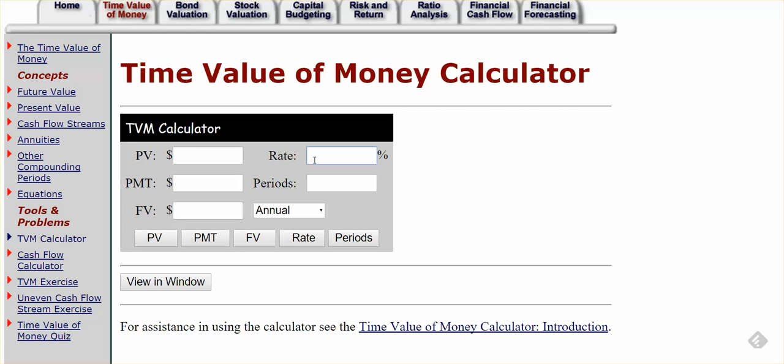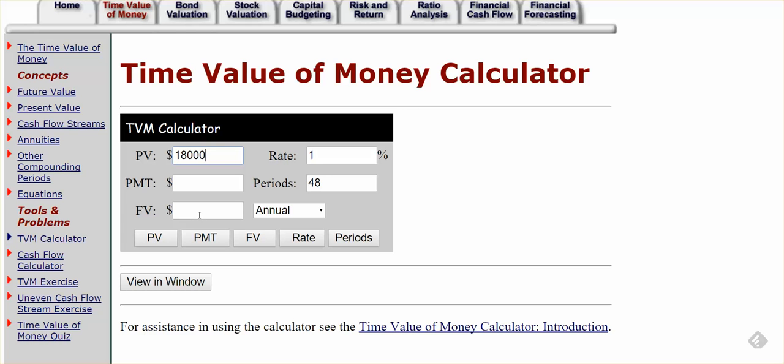So my rate is 12% annually, but it's a monthly problem, so I'm going to divide it by 12 months. So I'm going to enter a rate of 1. It's a 4-year time period, but we've got monthly payments, so 4 years times 12 months gives me 48 months. I'm borrowing $18,000, and I'm after the payment.